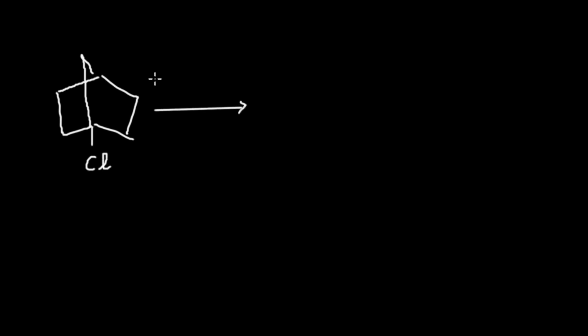Even hindered chlorides, for example, take this. Even hindered chlorides can give you carboxylic acids.